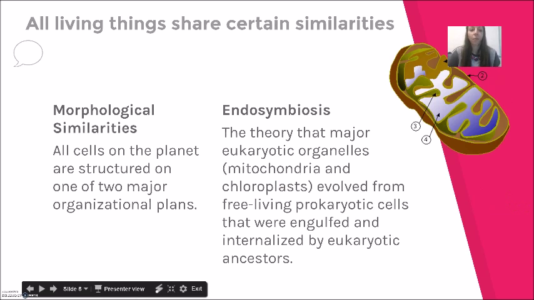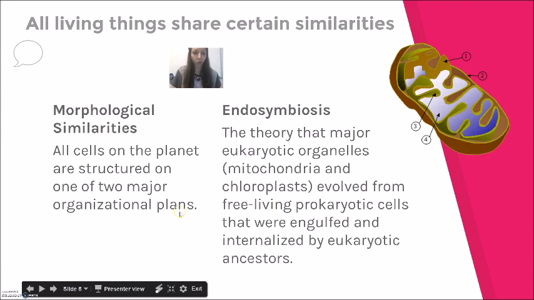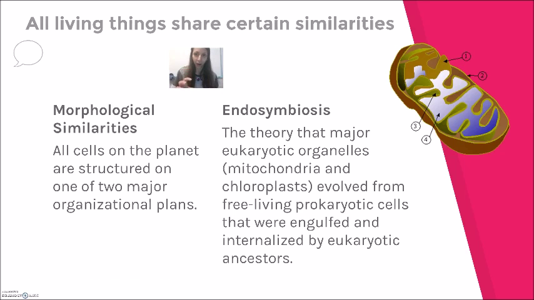All right. We also see morphological similarities in cellular structures around the world. All cells on the planet are structured on one of two major organizational plans: either prokaryotic cells or eukaryotic cells. Remember, prokaryotic cells lack organelles, they have free-floating DNA, they have a few ribosomes, but that's pretty much it. And then our eukaryotic cells are compartmentalized, they have membrane-bound organelles, and we think these arose through the process of endosymbiosis, which we've talked a lot about this year.